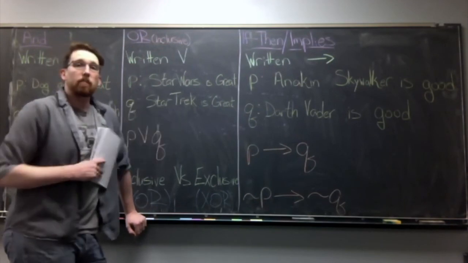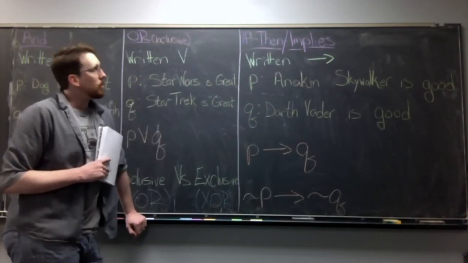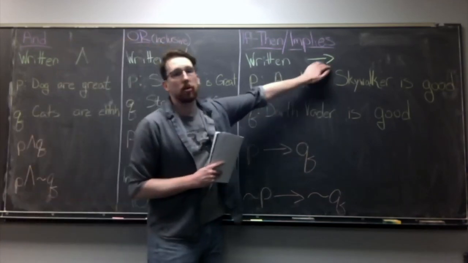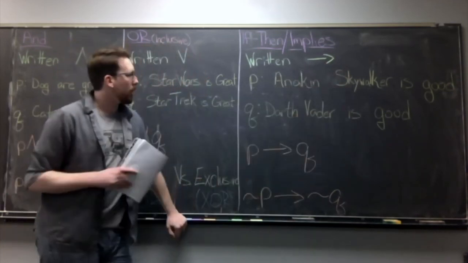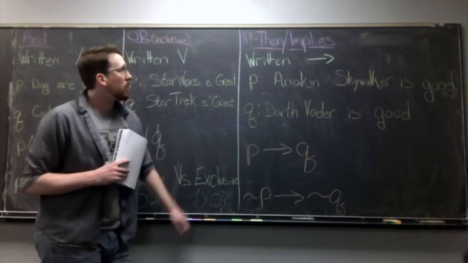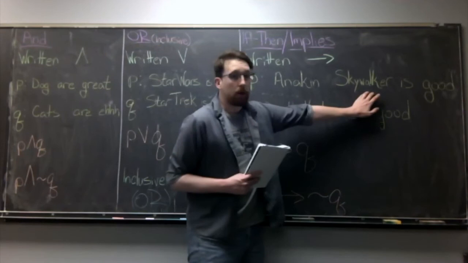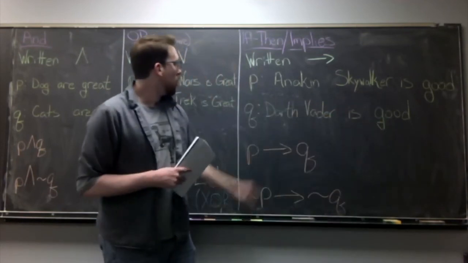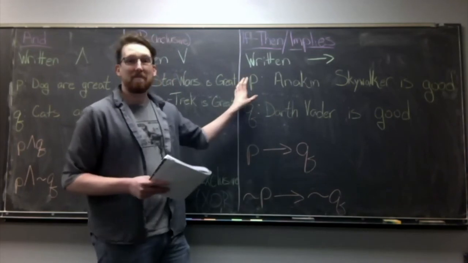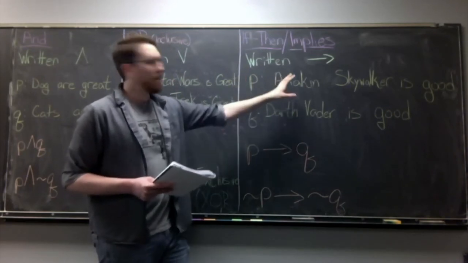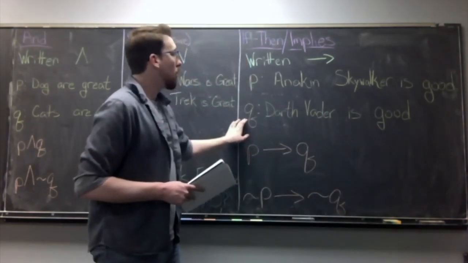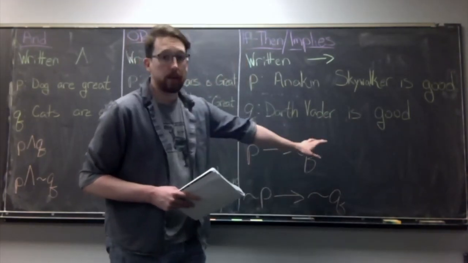Moving on then to if-then statements. They're written using an arrow pointing to the right. As an example, we can look at P representing the statement "Anakin Skywalker is good." Q representing the statement "Darth Vader is good."